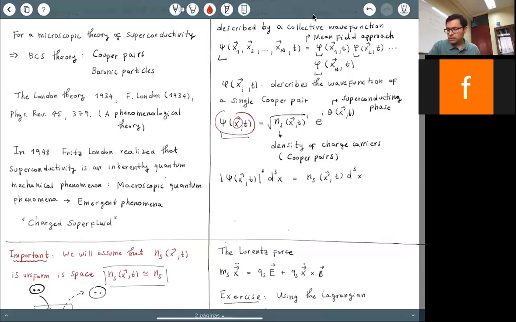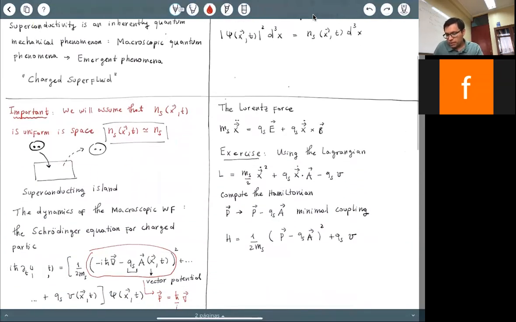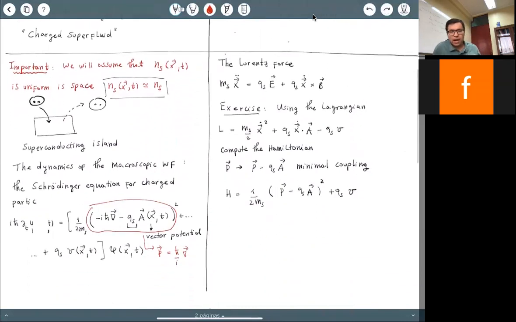But this is enough for describing the whole emergent behavior of superconductivity. So we have this proposal, this macroscopic wave function: the square root of the density of charge carriers times the exponential of some superconducting phase. And what rules the dynamics of the macroscopic wave function will be the Schrödinger equation, of course.